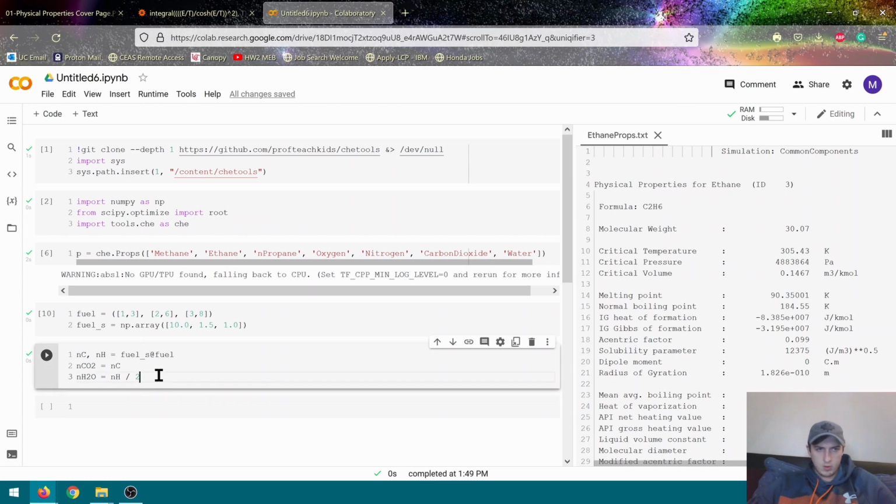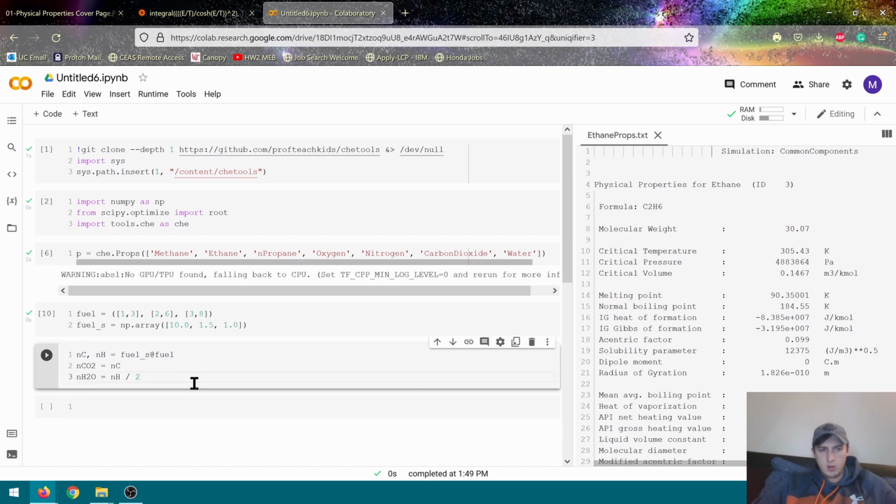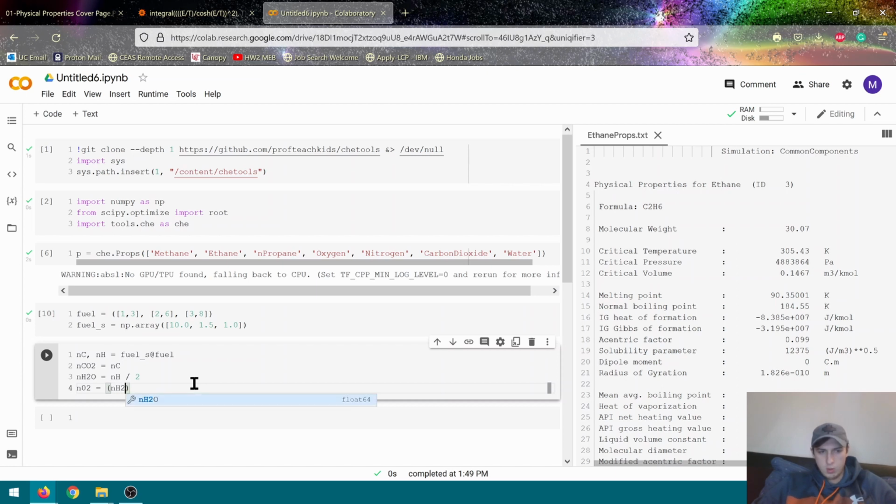All right, so far so good. Next, we're going to want to solve for our number of moles of O2. So we have NO2. And this is going to be equal to the sum, actually, of our number of moles of water, NH2O, plus our number of moles of carbon, so NC.